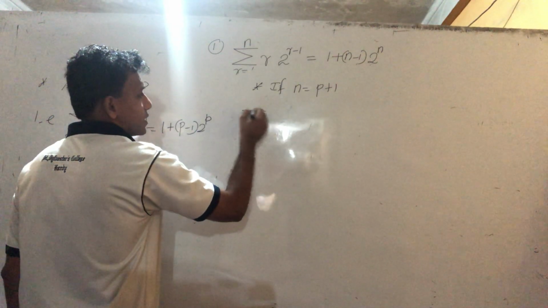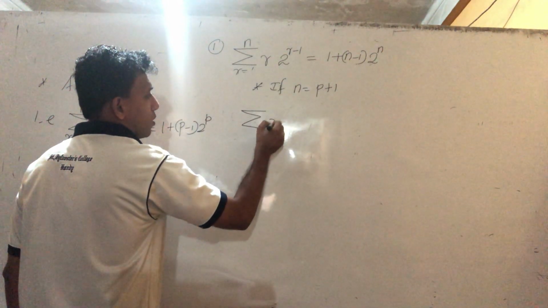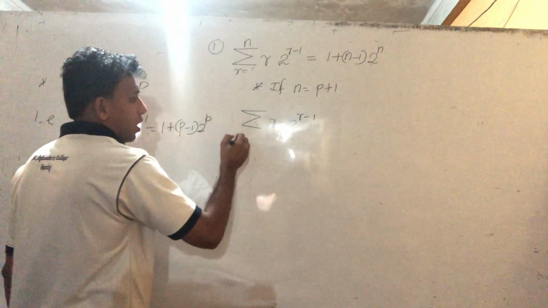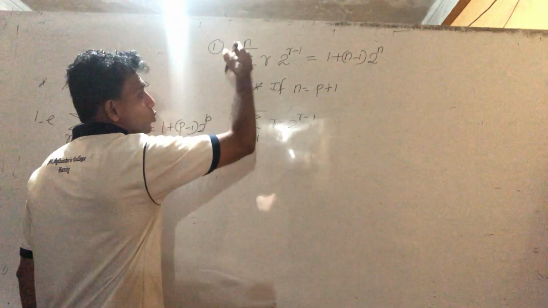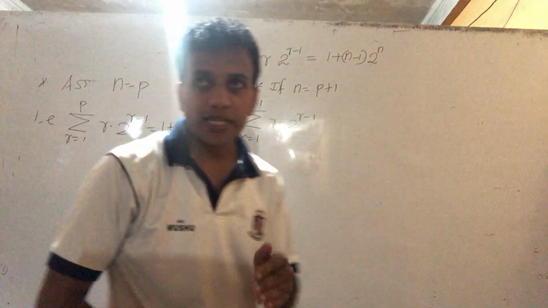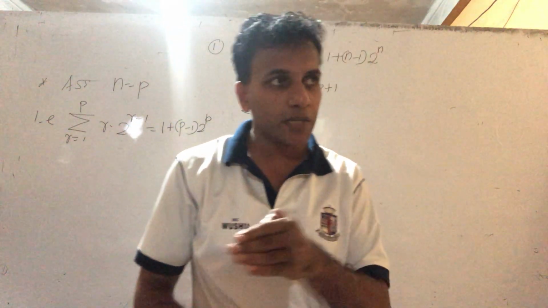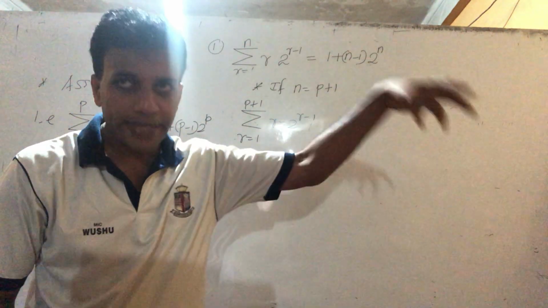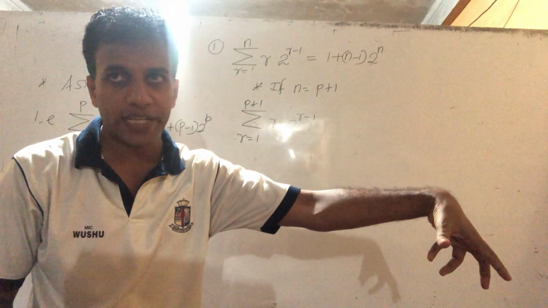So sigma r into 2 to the power r minus 1, r equal 1 to p plus 1. For example, if it is 50 terms added from 1, I can say I add up to 49 terms and add the 50th term additionally.